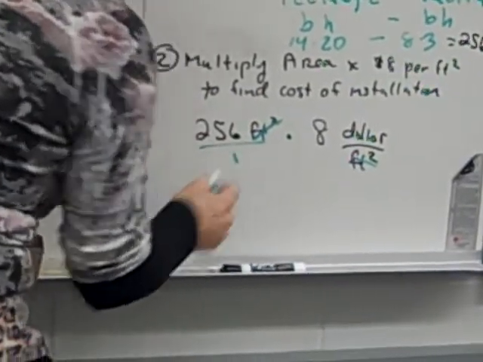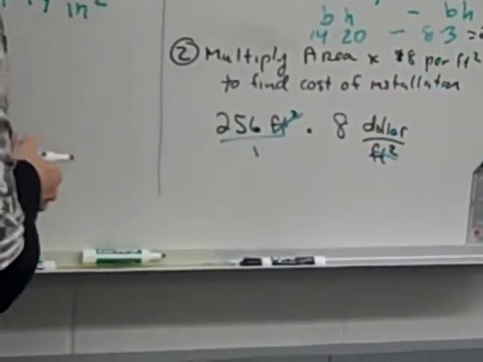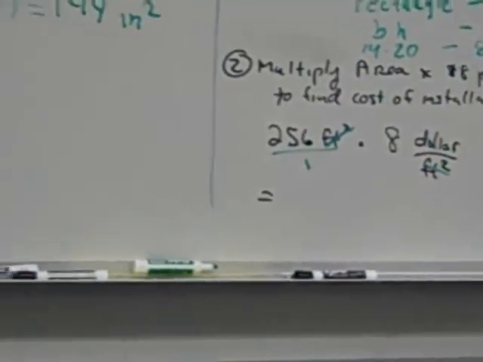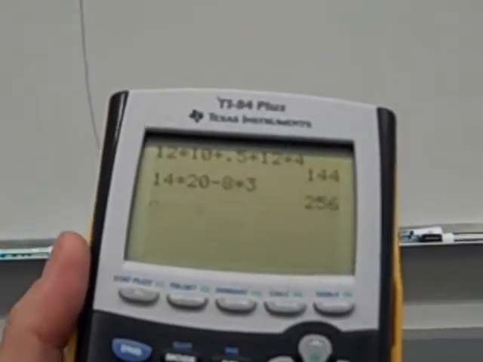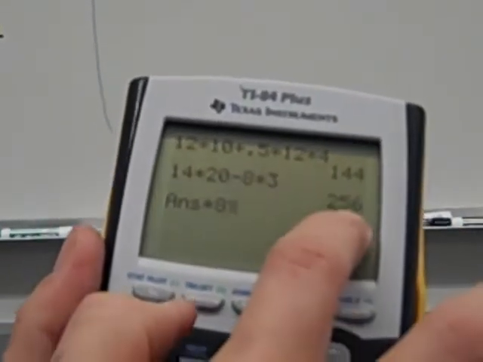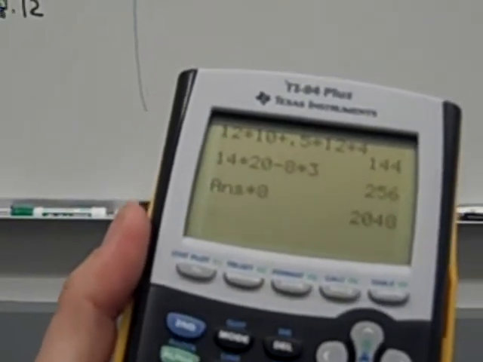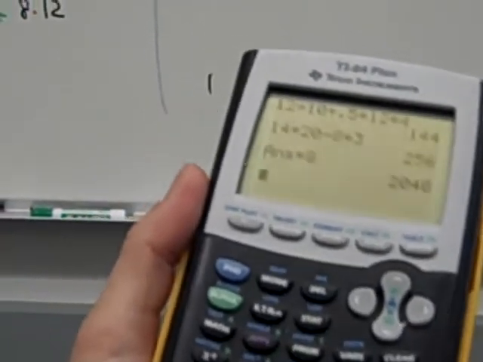You can think of this as over 1, and we multiply 8 by 256 to get our installation cost. So I'm going to take my 256, note it's still in the calculator, I can just press times 8. It brings down my area, and I know the installation cost will be $2,048. Got to count that in when you're figuring your remodeling.